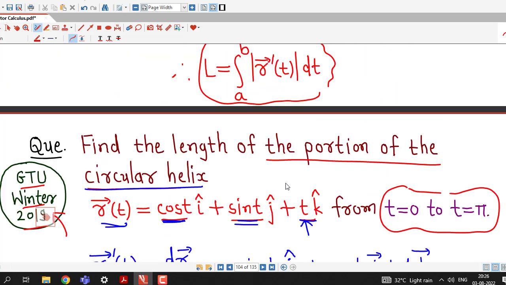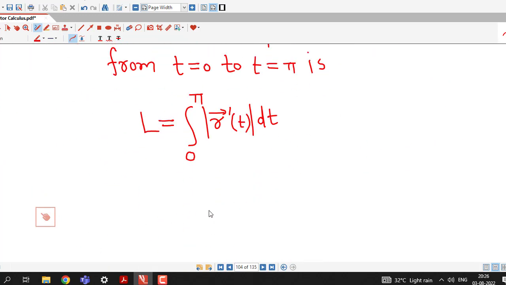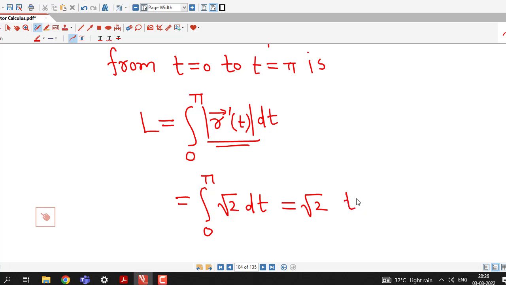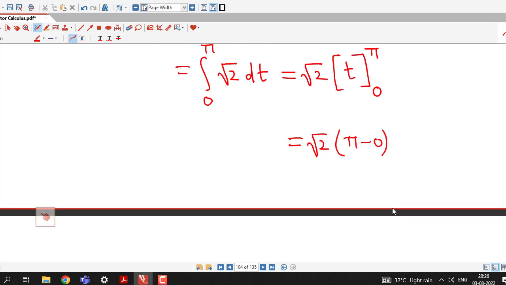Here we are already given the limits of integration, and we have obtained the integrand as square root of 2. So this is equal to square root of 2 times the integral of 1 with respect to t, which is t, with limits from 0 to pi, and finally we put t equal to pi as the upper limit and t equal to 0 as the lower limit.